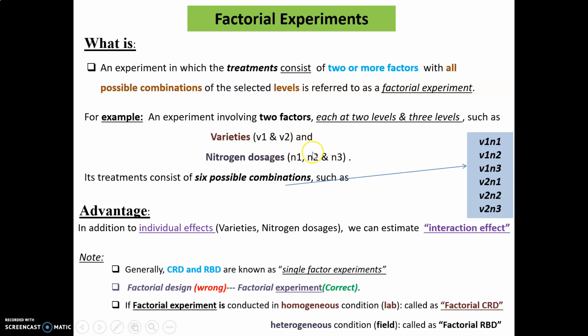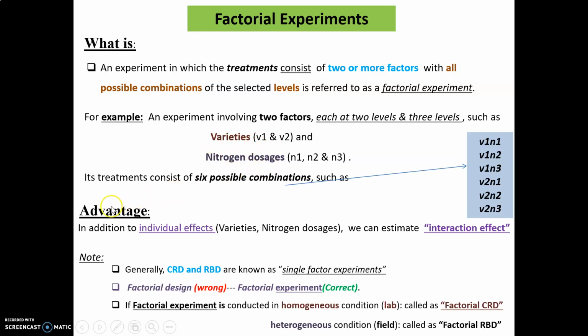Here a total of 2 into 3, that is 6 possible combinations are involved, from v1 n1 to v2 n3. If all these 6 combinations are involved in the experiment, such an experiment is called a factorial experiment. Here two factors are involved, hence it is called a two factorial experiment.